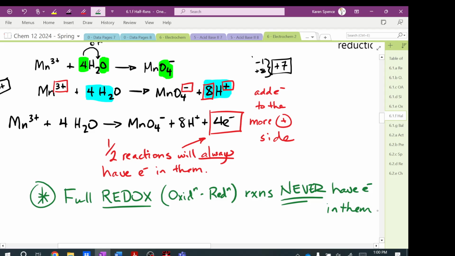And that's going to be important because we're going to eventually balance full reactions. People will try to use this technique on the overall reaction, and they'll end up with electrons in there. And then you'll be sad. Okay?